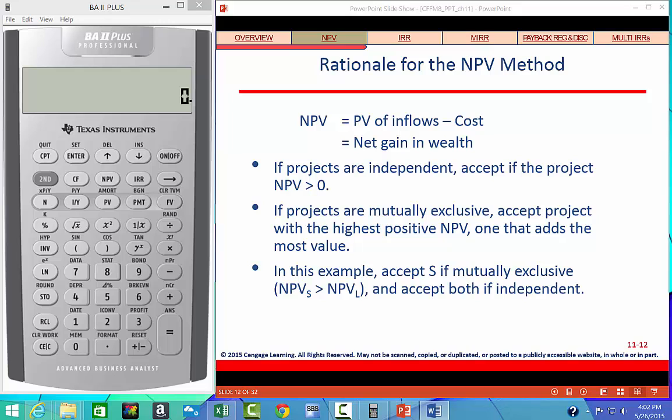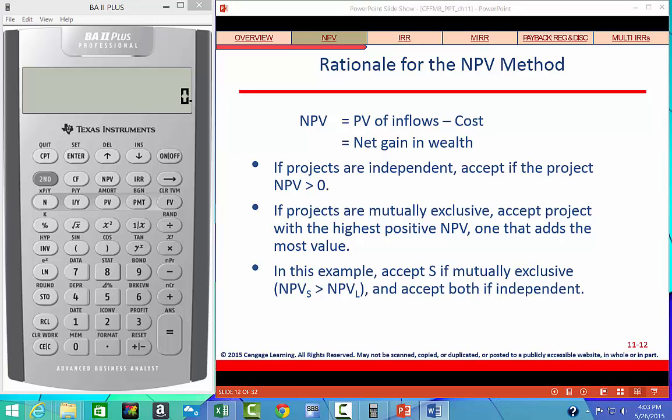So if we were thinking about Project L's cash inflows, if you just added them up, they total $150. So they are pretty much sufficient to return the $100 initial investment and to provide investors with their 10% aggregate opportunity cost of capital.